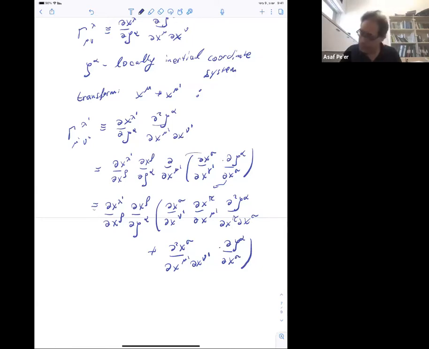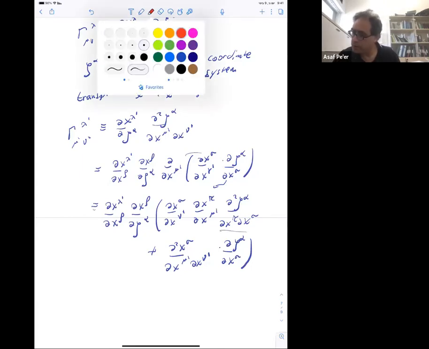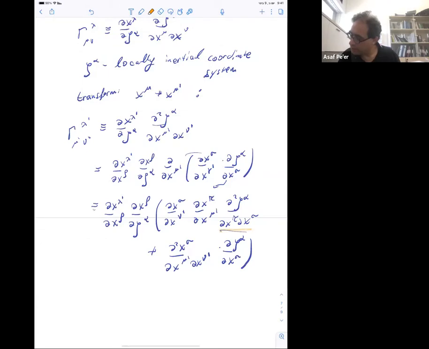Okay, now the nice thing is that if I look at this term here, this one plus this one, well, this is just the affine connection. So I can write it down.